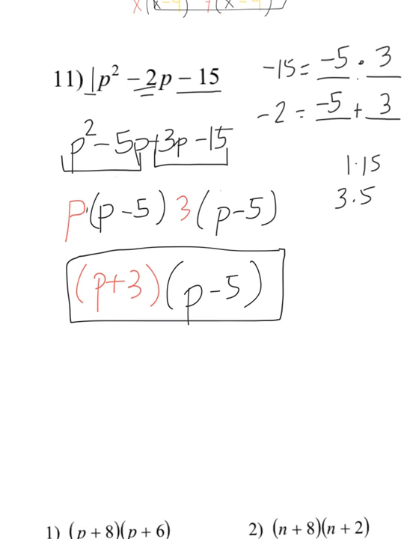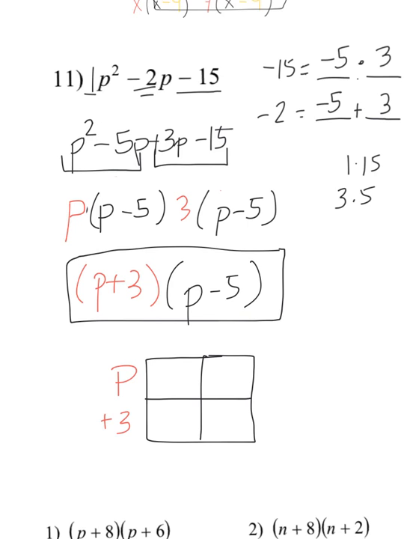And again, to check our work, we can multiply using the box method or the FOIL method. If we put p plus 3 and p minus 5, and we did p times p is p squared, p times negative 5 is negative 5p, p times 3 is 3p, and 3 times negative 5 is negative 15.